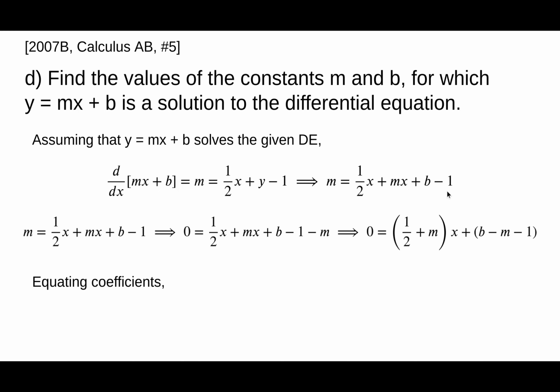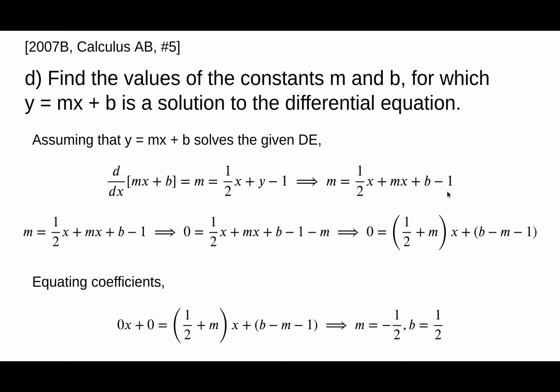This is where it gets kind of tricky. It's not obvious here, but we have to equate the coefficients. The value 0 corresponds to the line whose slope is 0 and whose y-intercept is 0. Think of that as 0x plus 0.